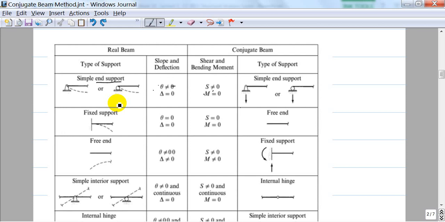If it is a pin, there will be shear force but no moment. But if it's a free end, there will be no shear force and no moment. So if it's a fixed support in a real beam, it should be a free end in a conjugate beam.